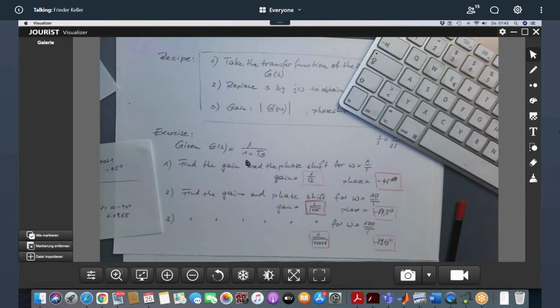So the gain for frequency 0, that's the lowest frequency we can imagine, is 1, and that says low frequencies are passing, high frequencies are not passing that well. And that is where the name low pass comes from. Good. Now we have finished that exercise.